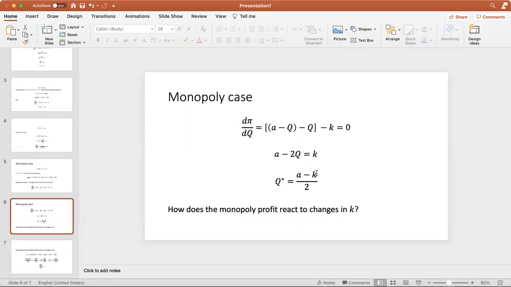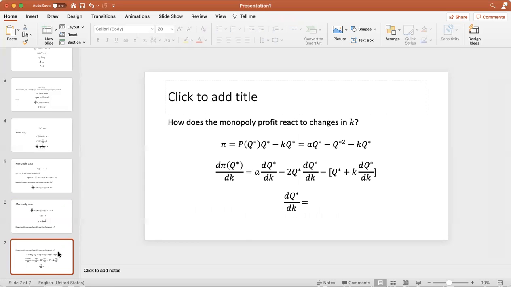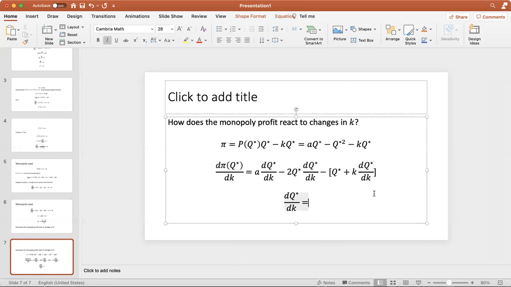A over 2 just disappears and you're left with negative K over 2. Take the derivative with respect to k. That's negative 1/2. Okay, so I plug it here. Just have to plug it in.